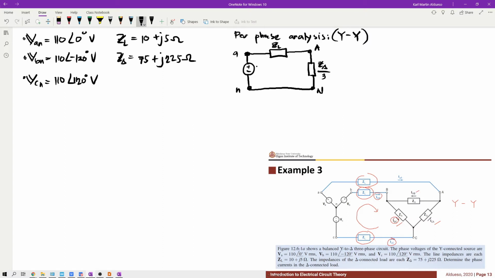We have VAN. Right here we have our IaA. So to get the value of IaA, we use KVL right here.